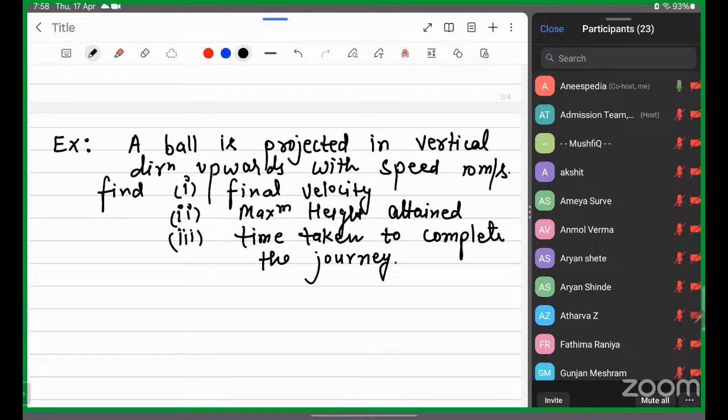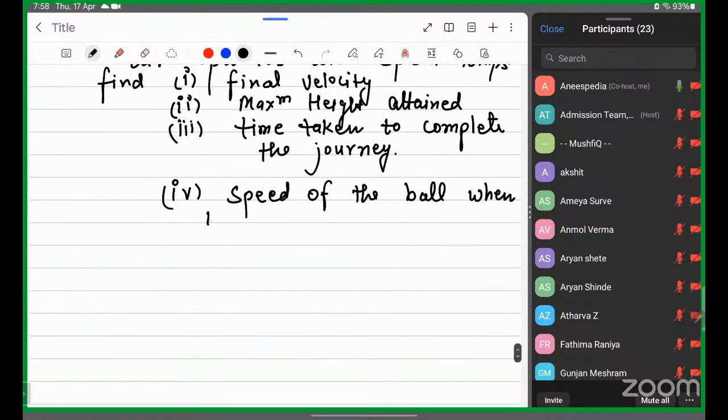And the last point is the speed of the ball when it strikes the ground.